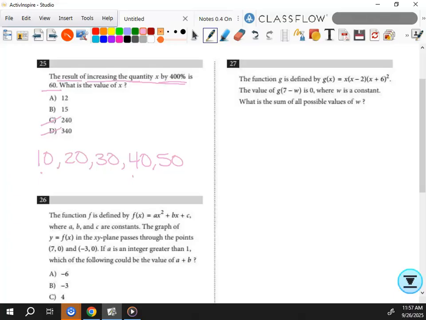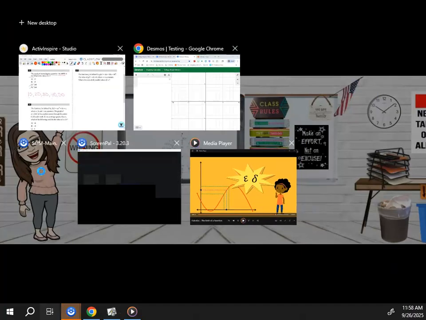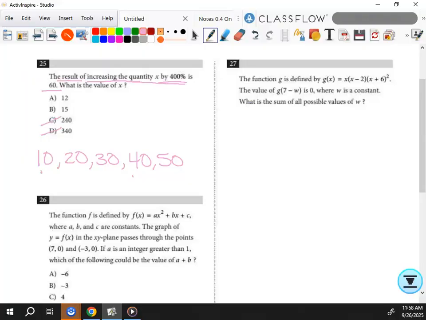You understand that, the thought process there? Okay, let me back up again. So listen, you notice how I added 10 every time. This is increasing by 100%. This is increasing by 200% because I added 200% of 10 to it. This is increasing by 300, increasing by 400.